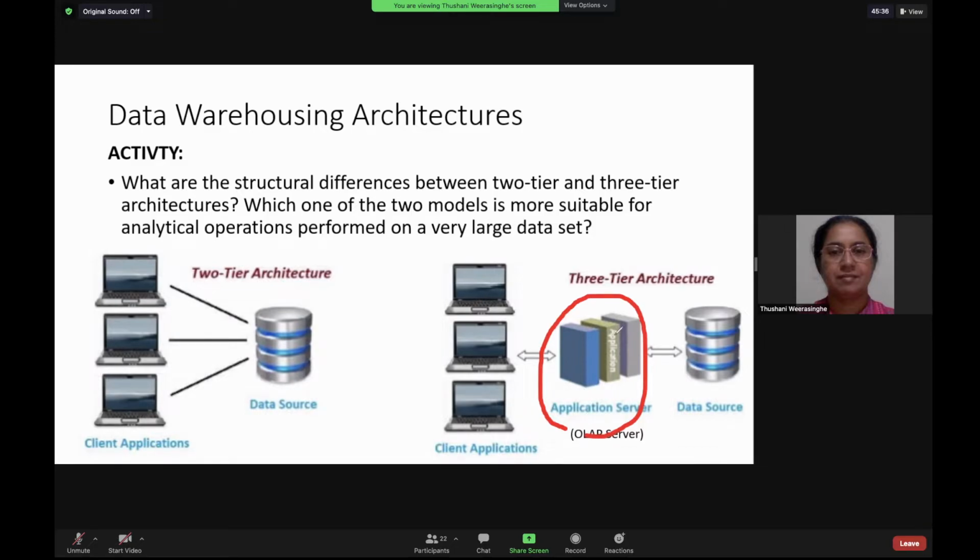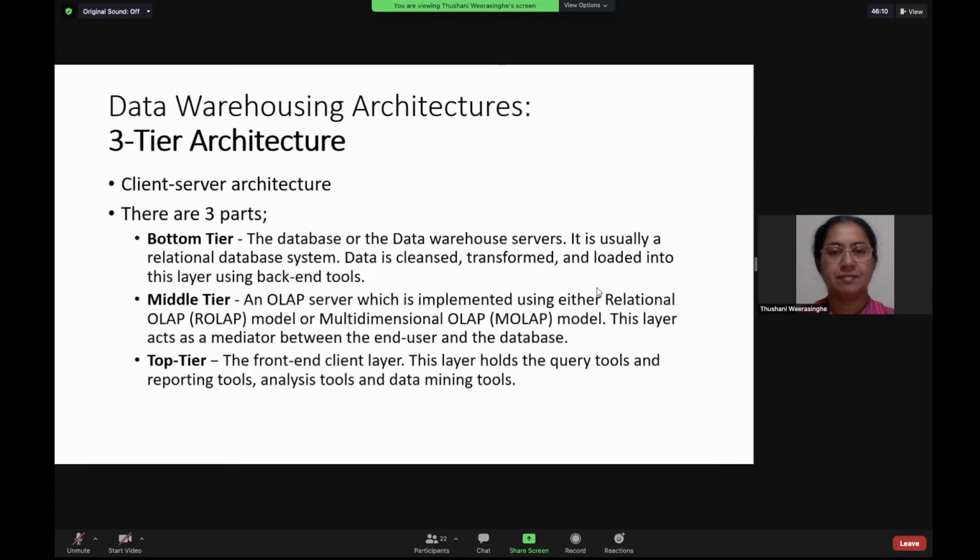The other thing is, since you have a separate layer for the analytical part, you can do that work more efficiently, and a lot of work can be carried out there without disturbing the whole set of other data. So you can carry out all the analytical part very well. So it's good to have a three-tier architecture for a data warehouse.